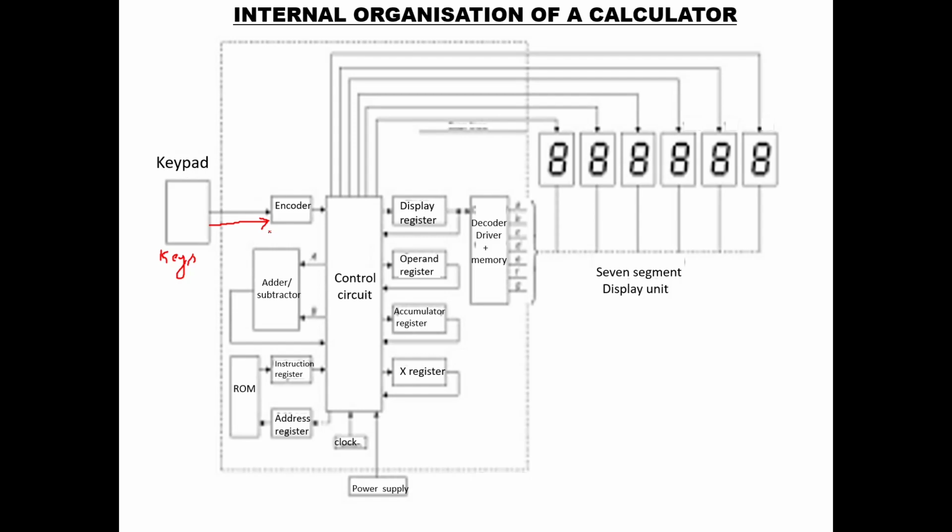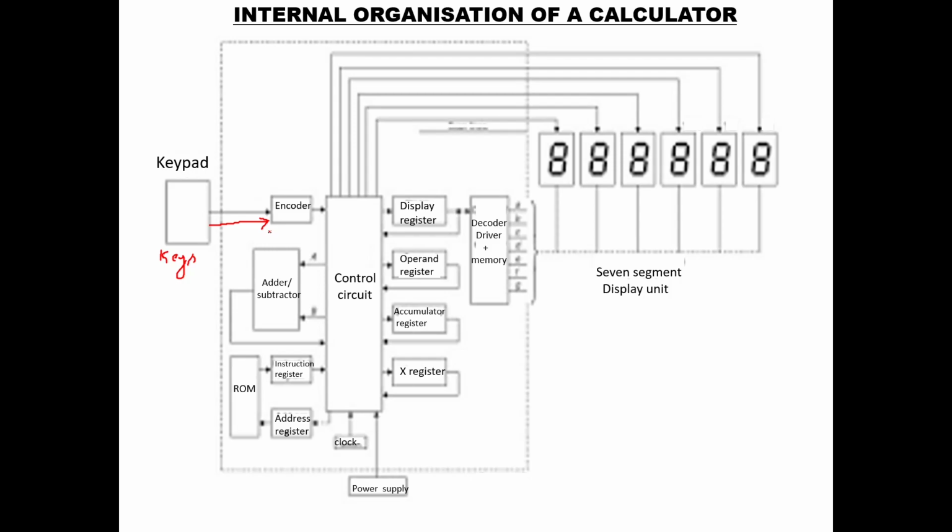Also operations like addition, subtraction, multiplication all have to be encoded, because every operation will have its own operational code which the control system will understand and direct the addition subtraction unit, that is the arithmetic unit, to do that certain performance.